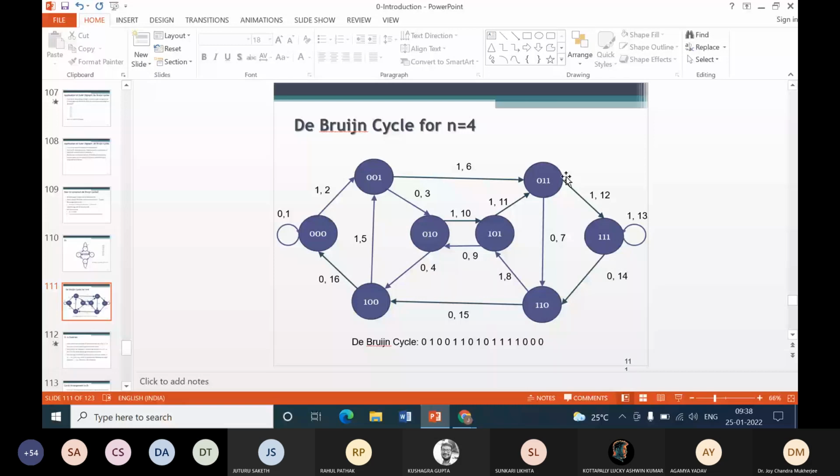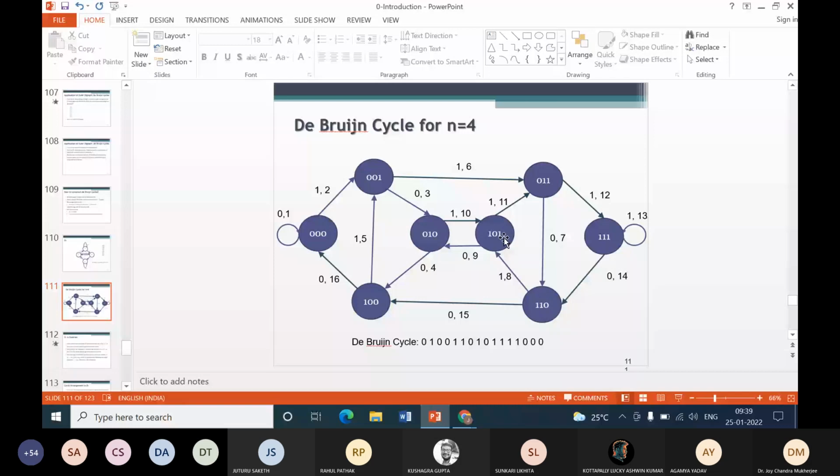Take any vertex, suppose you take 0 0 0. From here you follow 0 1 1: this is 0, then 1, then 1, and you reach here. Let's take 1 0 0: from here I follow 0 1 1, this is 0, this is 1, this is 1. Let me start from 0 1 0: this is 0, this is 1, this is 1. From 1 0 1 I go to 0 1 1: this is 0, this is 1, this is 1.